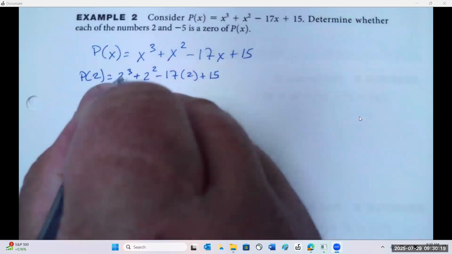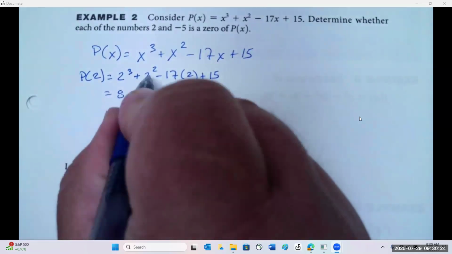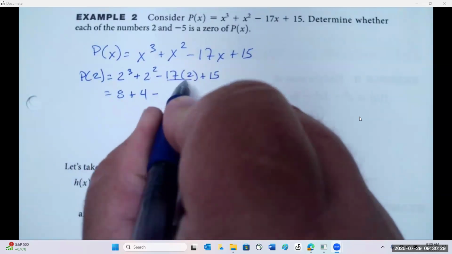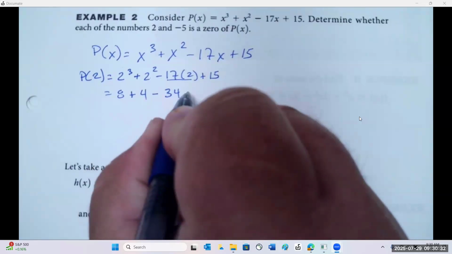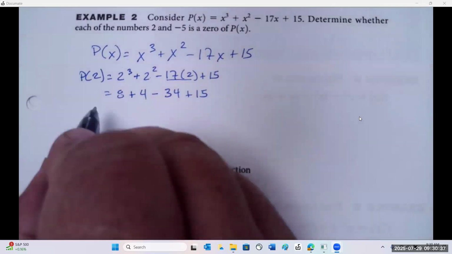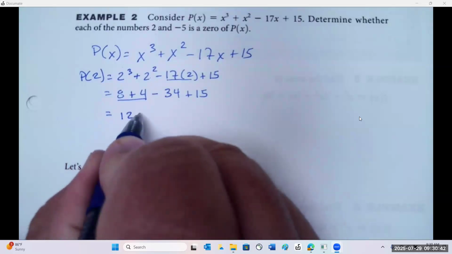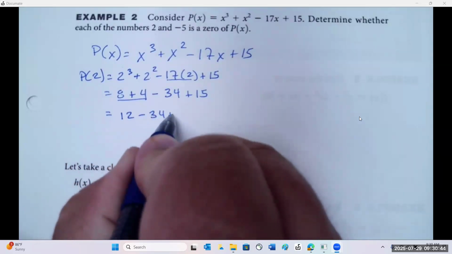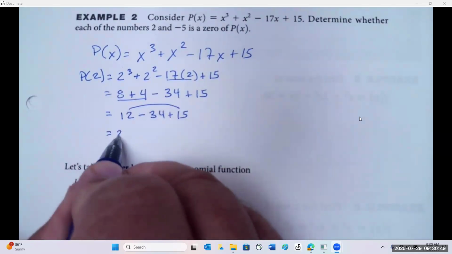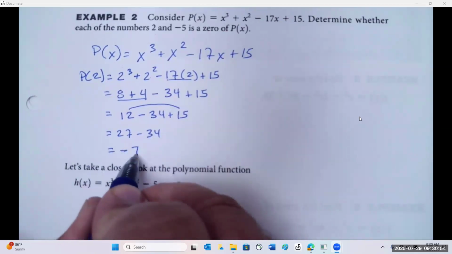What is 2 to the third power? 2 times 2 times 2 is 8. 2 squared is 4. 17 times 2 is 34. 8 plus 4 is 12. 12 plus 15 is 27. 27 minus 34 is -7.